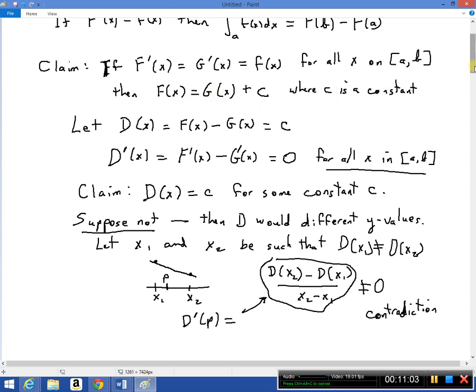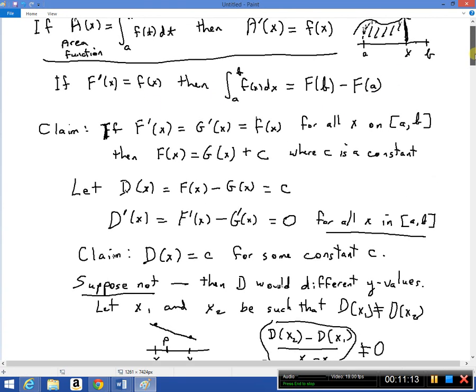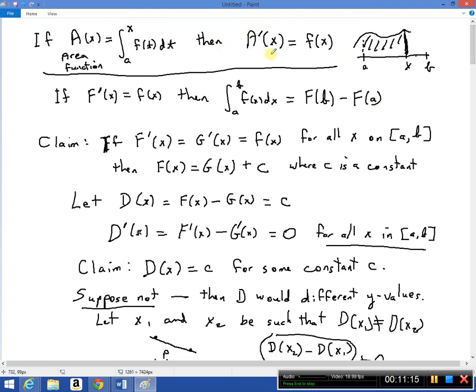Well, go back up here a minute and see what we have. We have capital F, whose derivative is little f. But we also know that the area function, remember the area function, A? A is a function whose derivative is little f, where A is this ugly thing, right? A prime of x is equal to little f. So, my question is, what if you had another antiderivative for little f, like capital F?